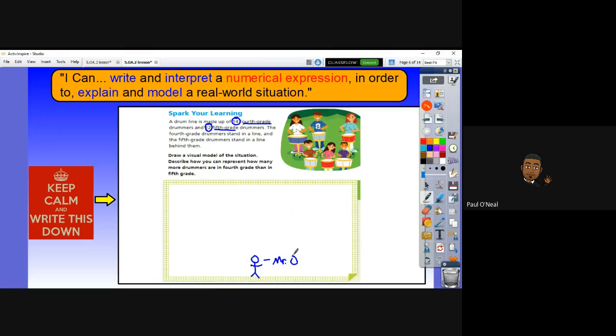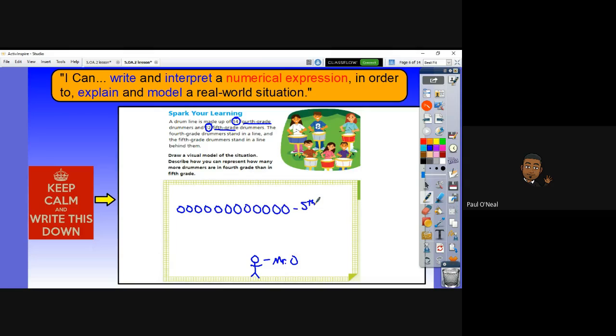Now, it says that the fifth graders were standing in line behind the fourth graders. So let me go ahead and plug in the fifth graders, right? There's 12 of them. So 1, 2, 3, 4, 5, 6, 7, 8, 9, 10, 11, 12. That is fifth grade. Okay.